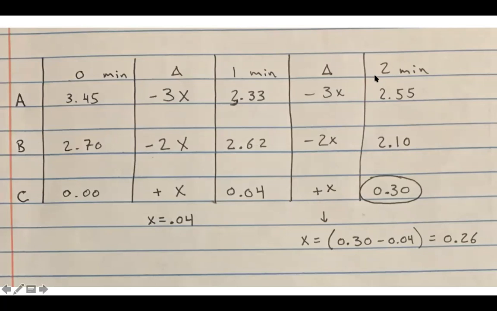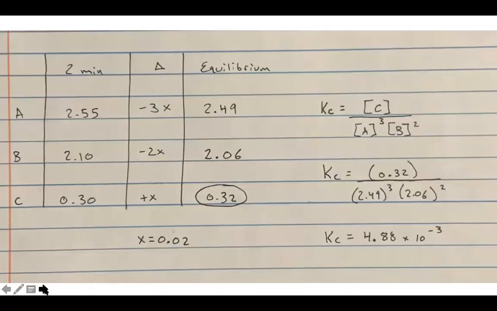Now that we have the data points for 2 minutes for all of our chemical compounds, we can look at the next data point, which would be at equilibrium. Again, the only data point we were given was for compound C, and we were told that at equilibrium, its concentration is 0.32.